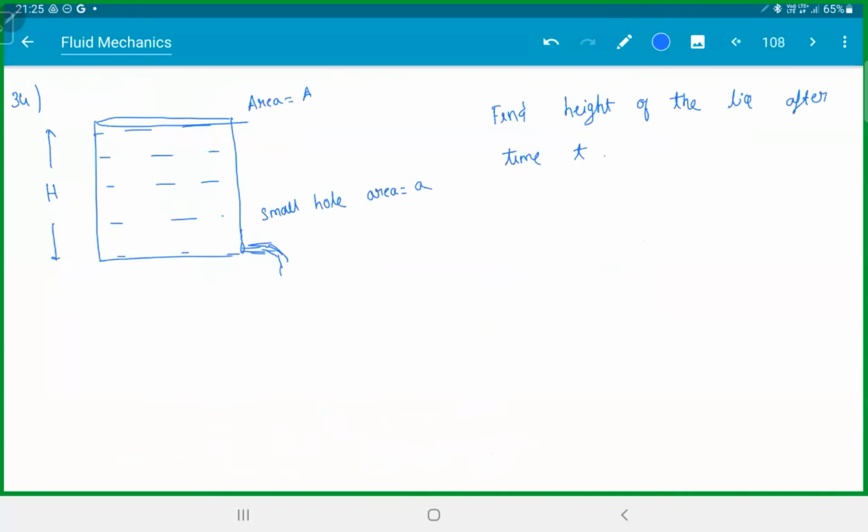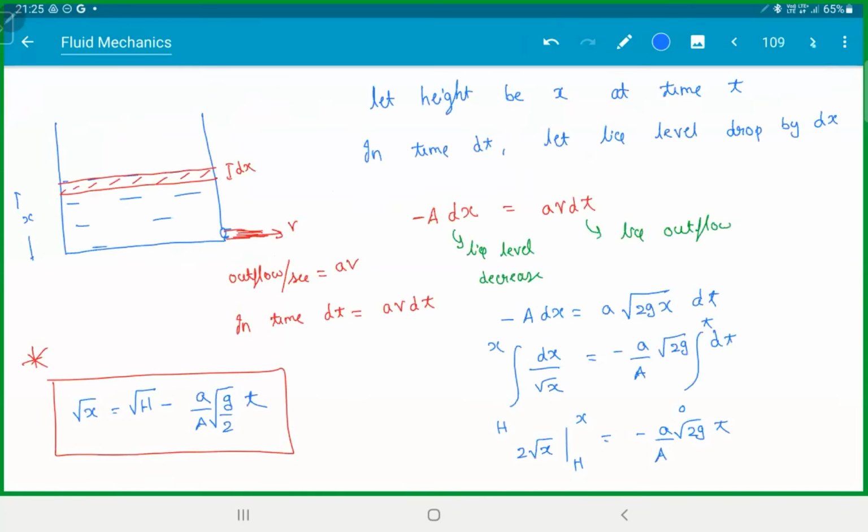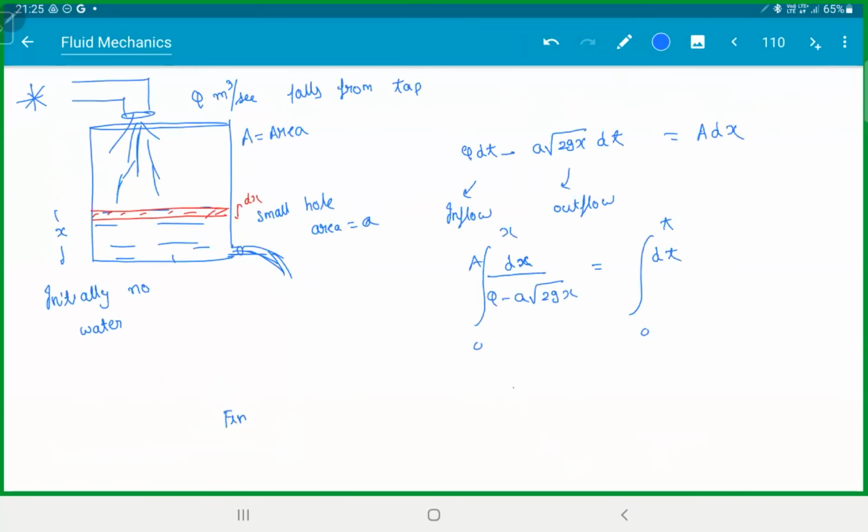So that is the same thing, but a better variation of this. But yeah, if they ask you this thing, so final height will be where inflow is equal to outflow. That could be a simpler question. So inflow is Q, outflow will be A into root 2gh.